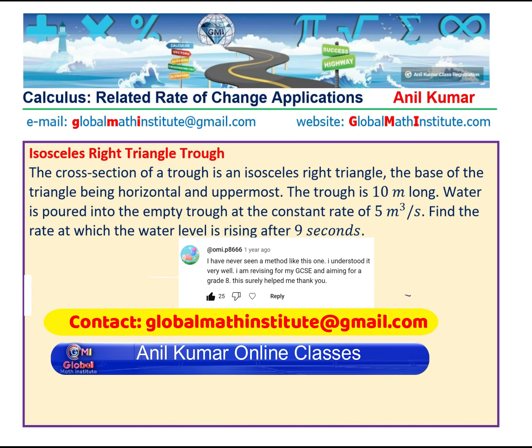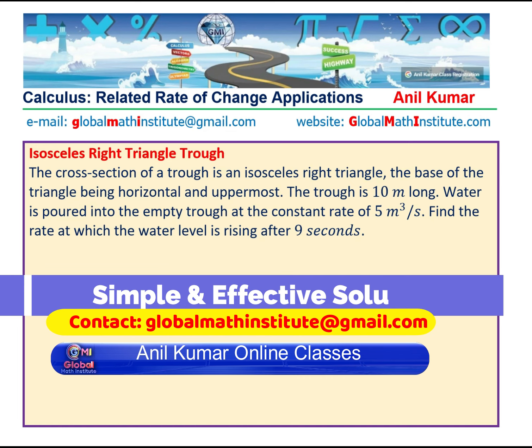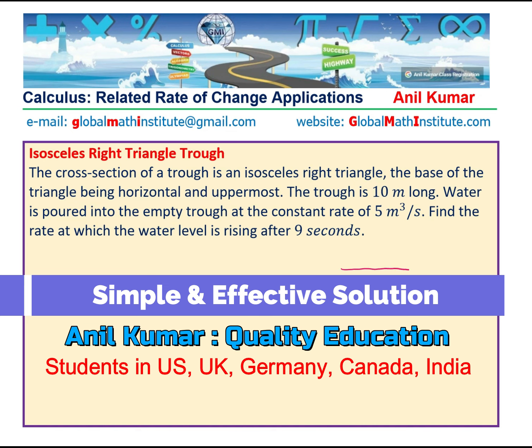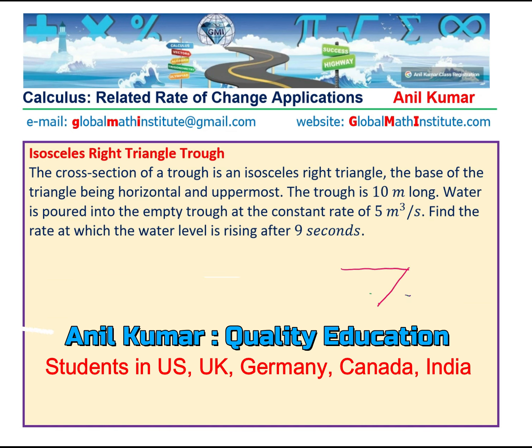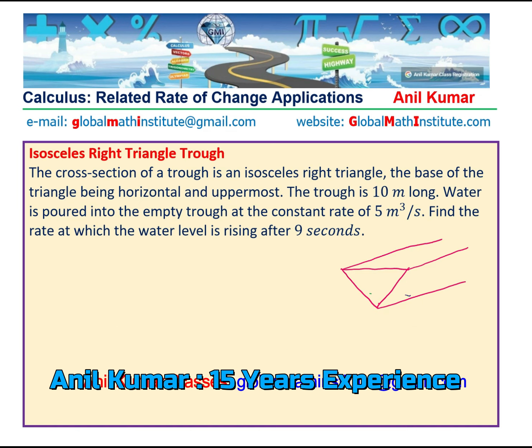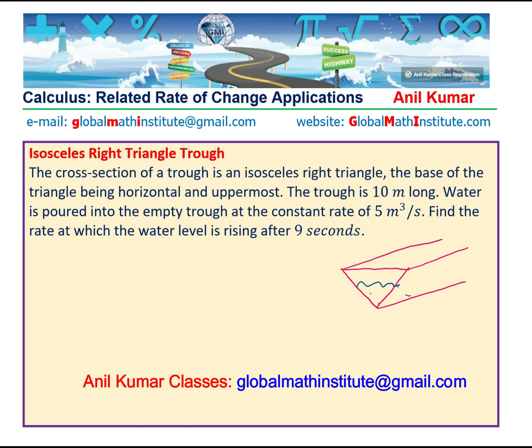Let us first sketch the diagram. So we have a right triangular isosceles trough whose length is given to us as 10 meters, right? And the water is being filled into it. So let's say this is the water being filled. Let us assume that the height is h.